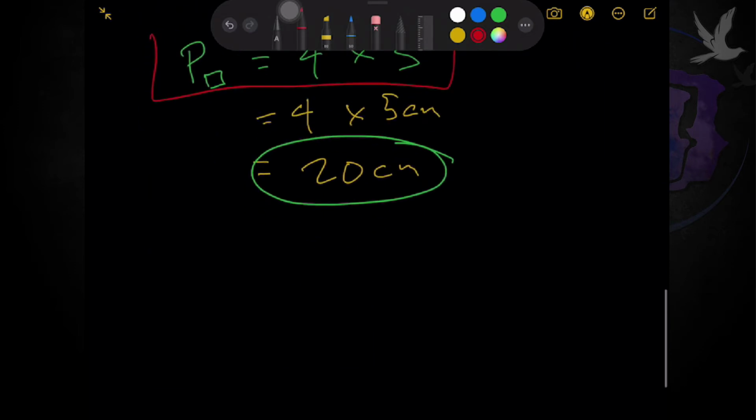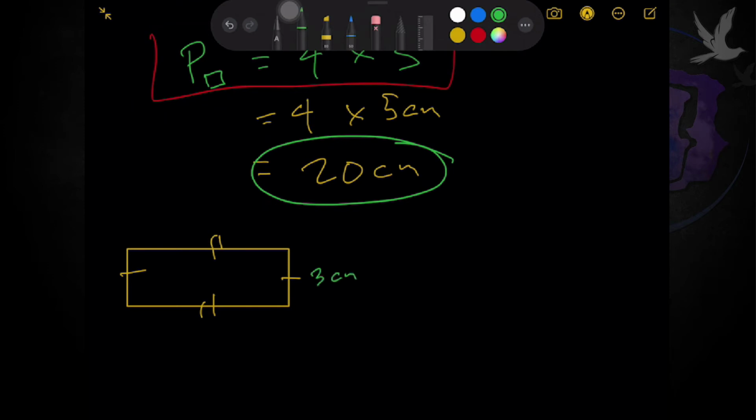Now, how about for a rectangle? So, knowing that the rectangle nga, opposite sides are equal. So, ibig sabihin, if this measures 3 centimeters, the other side should also be 3 centimeters.